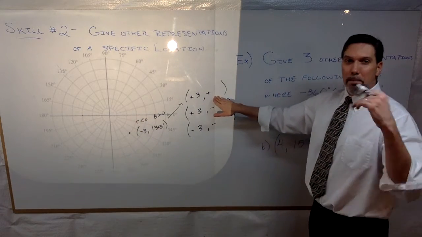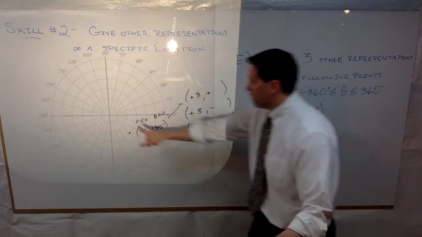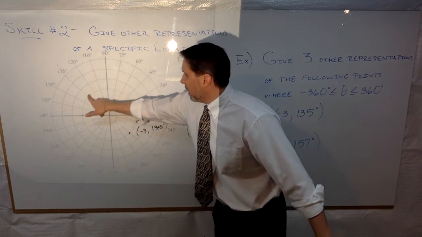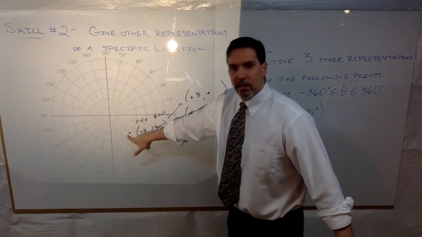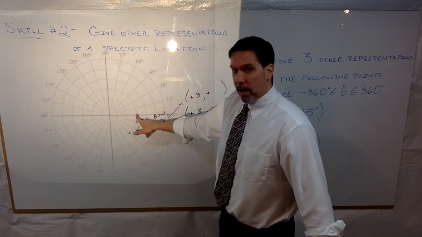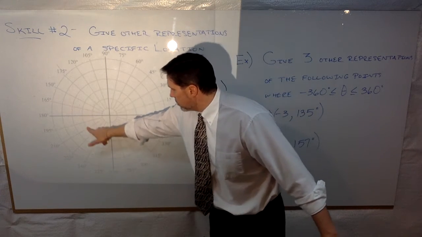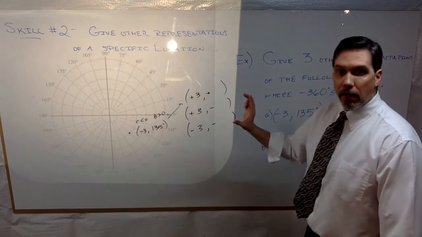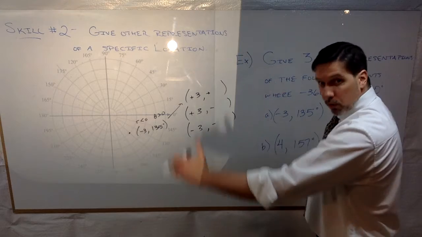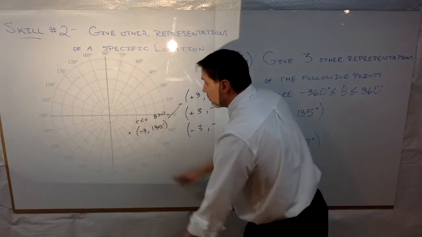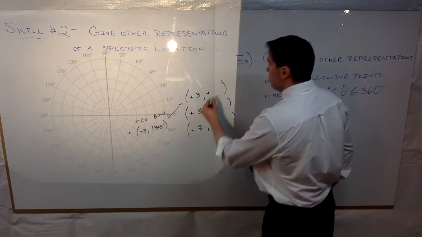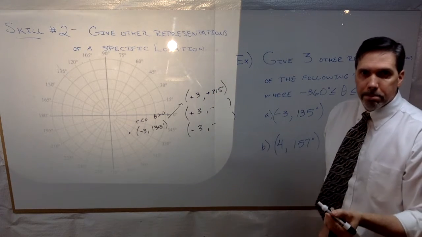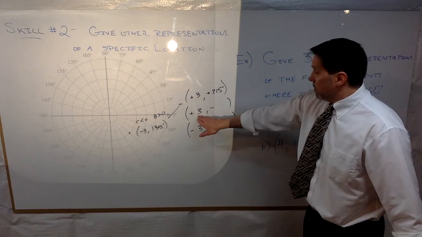And then I have to go a positive angle, so I got to go counterclockwise to get to that point. So what would that be? Well, counterclockwise to get to that point pulls me 45 degrees shy of a full revolution or a full turn here. So 45 degrees shy of a full turn would be a positive 315 degrees.